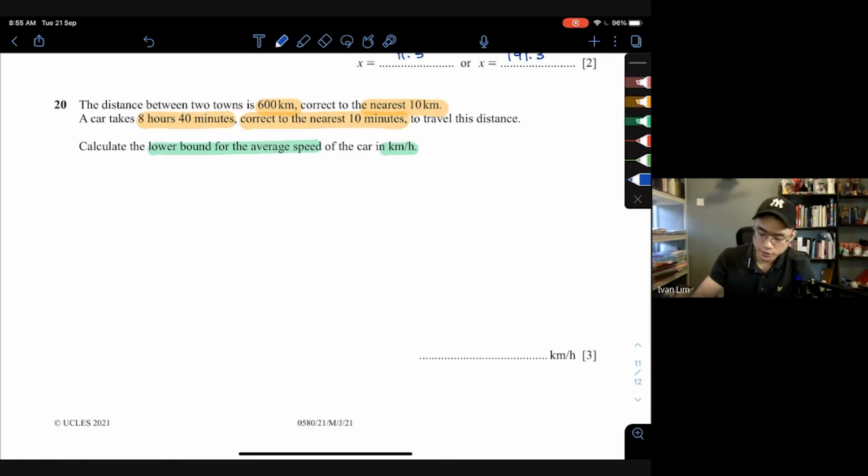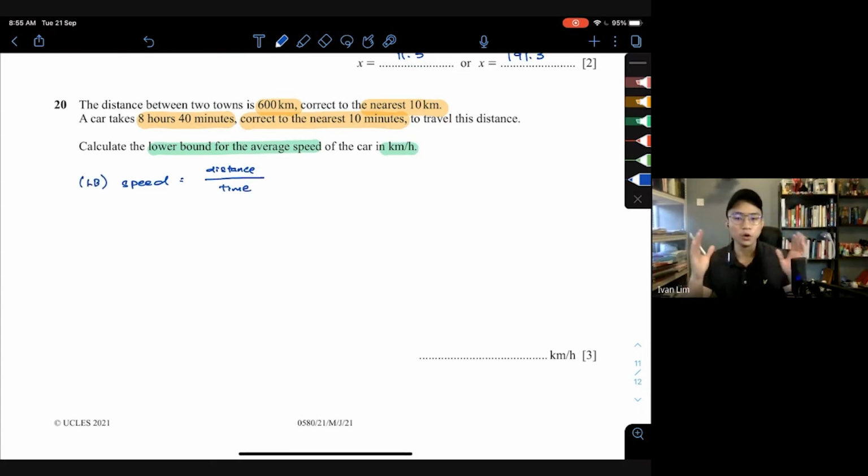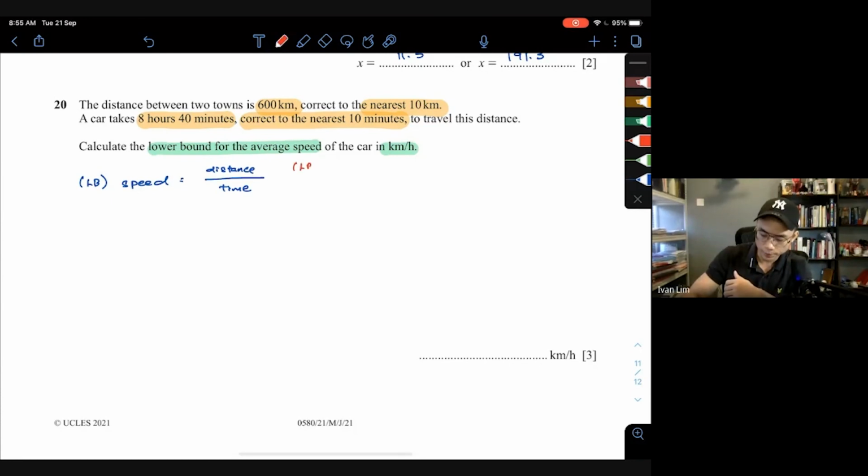The formula is speed equals distance over time. We want the lower bound of this. So the question to ask is, how do I get the lowest possible value for speed if I have a term divided by another term? Smallest possible, I take the small divided by big. Therefore, I take lower bound divided by upper bound.